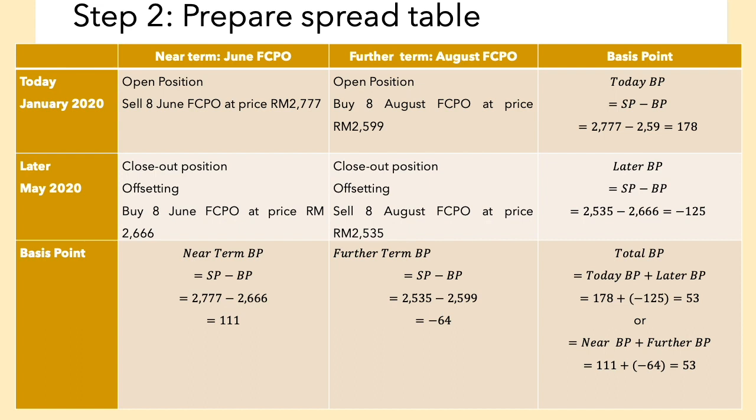For June, you close out by offsetting: you buy 8 June FCPO at price RM2666. And for the August contract, you started by buying, then you need to close out by offsetting: you sell 8 August FCPO contracts at price 2535.